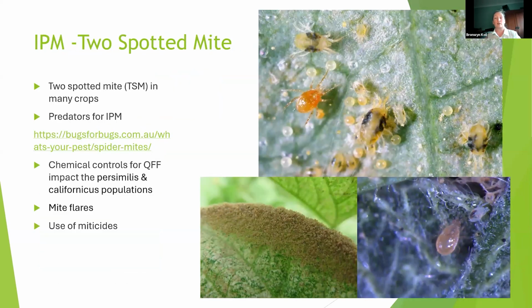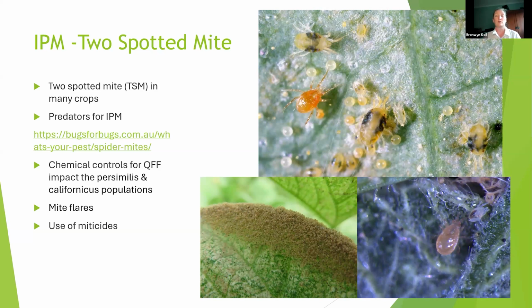So we're going to touch on IPM because that's so important. An IPM strategy for two-spotted mite is actually the importation of, and help from, predators. Persimilis and Californicus are two predatory mites that we can either bring in or promote in a production system, and they naturally help get rid of the two-spotted mite population.